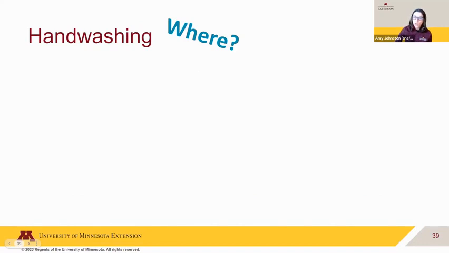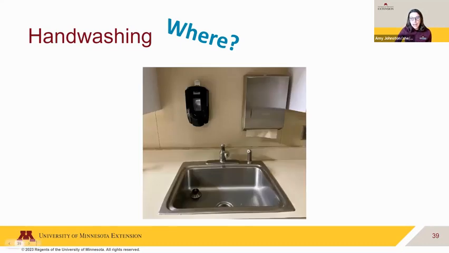So where you wash your hands matters. For those of you preparing foods in an inspected kitchen or a space that meets requirements for things like product of the farm, a designated hand sink is required. So a designated hand sink is a sink that is only used for hand washing, not for food preparation or produce cleaning or disposing of wastes.